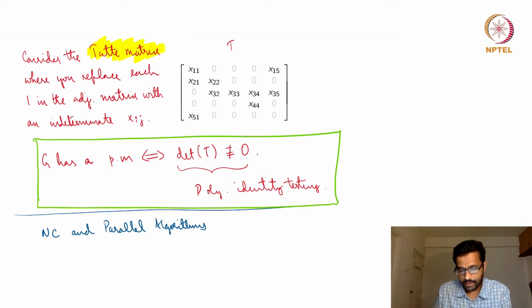If the determinant is non-zero, there is a perfect matching. If the determinant is 0, there is no perfect matching because there is no way that things could cancel. Determinant 0 means the permanent of the adjacency matrix is also 0. And to test this, we could just use polynomial identity testing, what we saw earlier.